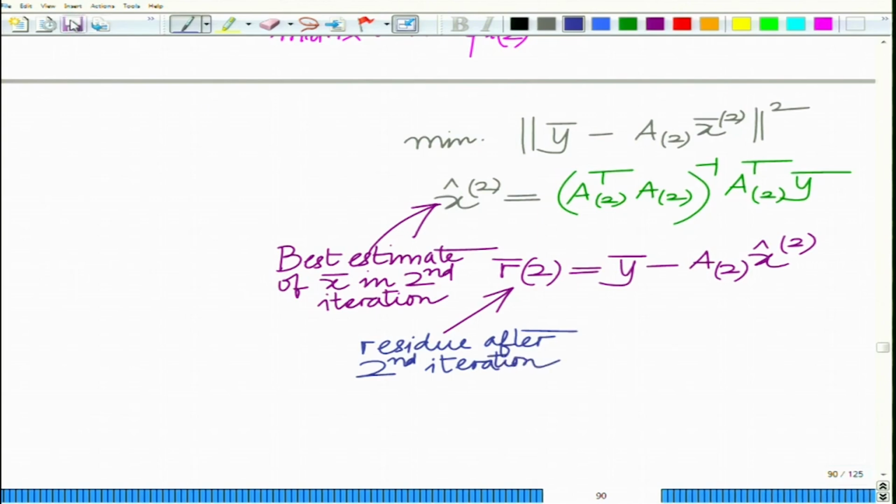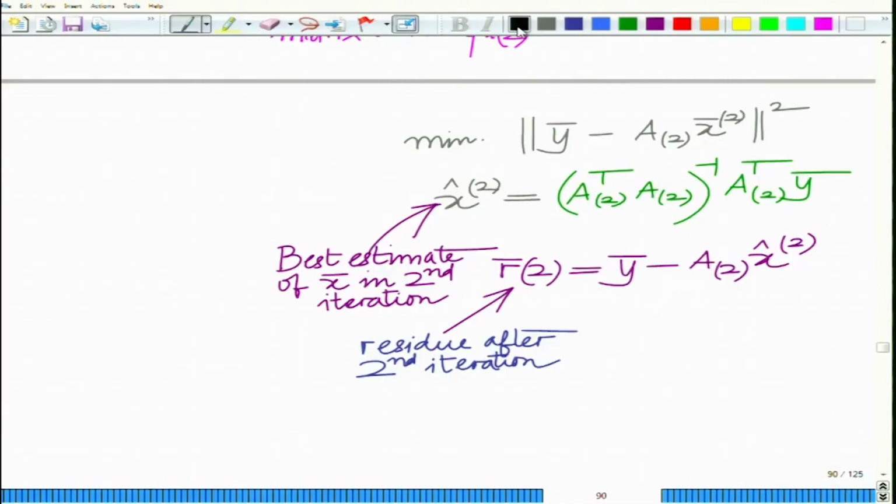And then subsequently, what you do in the third iteration, take this residue, find again the projection of each column of the matrix phi, choose the one that has the maximum projection, alright, augment the basis, least squares estimate, alright, find the residue and progress. So keep repeating this process by projecting at each iteration.